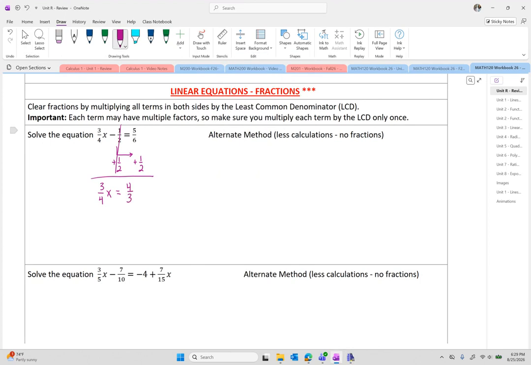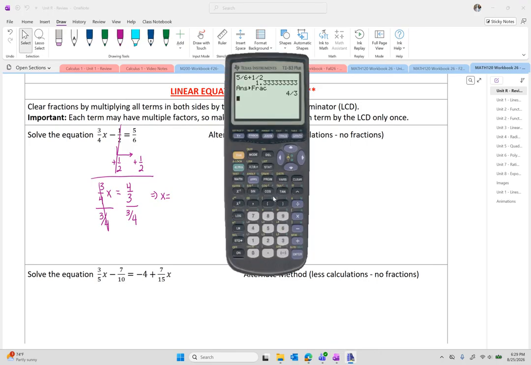So now I can divide by the coefficient of x. That's ex equals f, so I'm dividing by e, and x will equal 4/3 divided by 3/4. Again, my calculator doesn't have fractions, so I have to do fractions in parentheses.